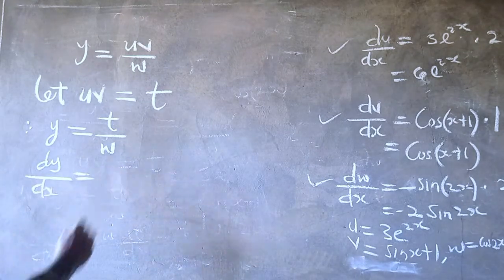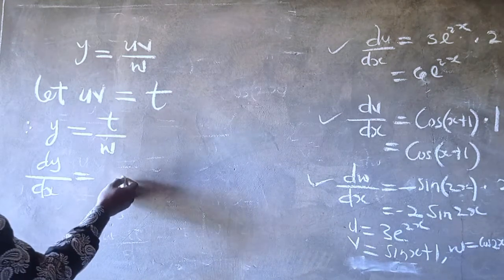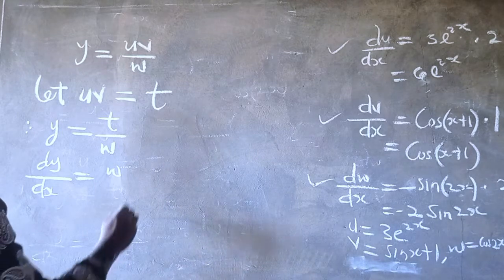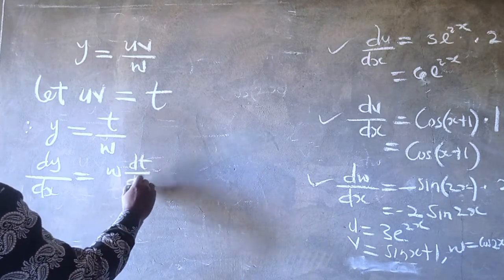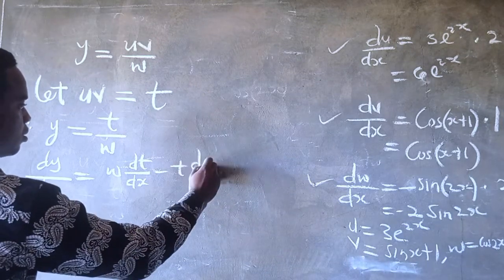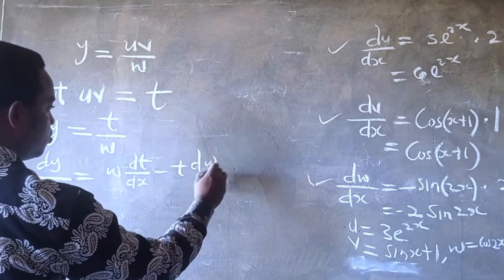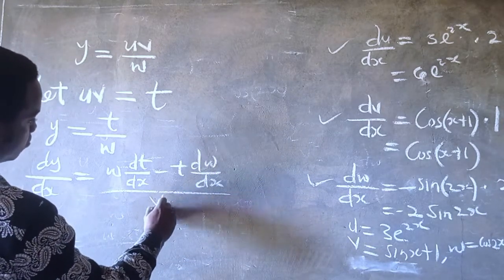Therefore the expression for dy/dx is going to be w dt/dx, I hope you understand this, minus t dw/dx, all over w squared.